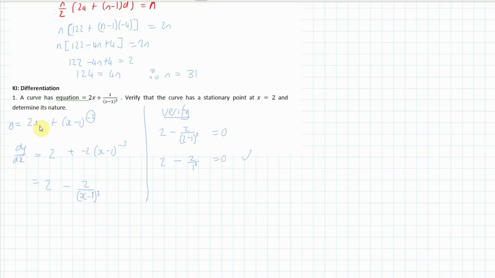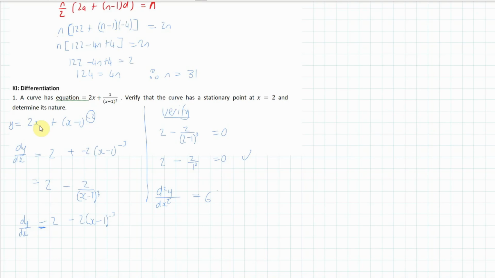Now, how do we determine its nature? There's a couple of ways of doing this. We can do the second derivative, which is what I'm going to do. So this 2 is going to drop out. I'm just going to write dy dx over here again just to show you what it will look like. So I've got 2 minus 2, and then I'm going to write it as minus 2 times x minus 1 to the power of negative 3. So I'll take that negative 3, I'll times it by the negative 2, so I get positive 6.